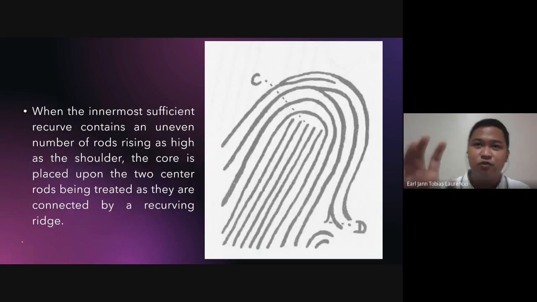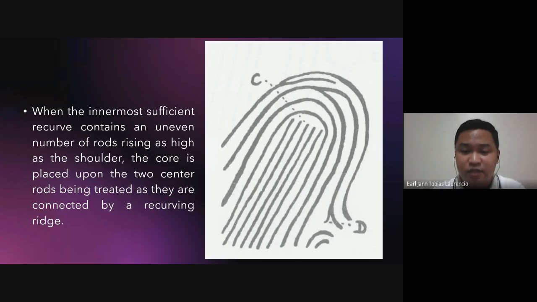Now, the next rule is applicable to rods also, to ending ridges. But here the ending ridges are an uneven number of rods.